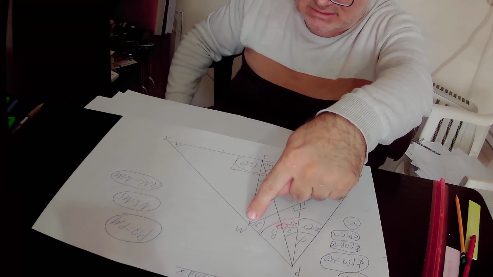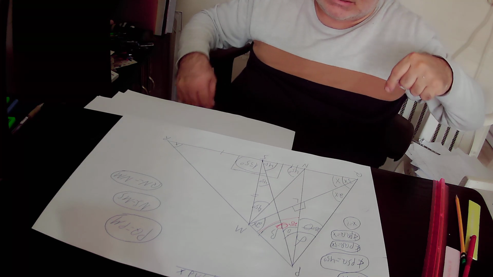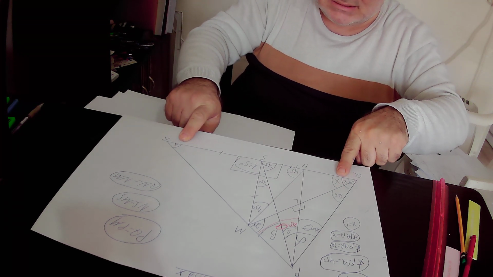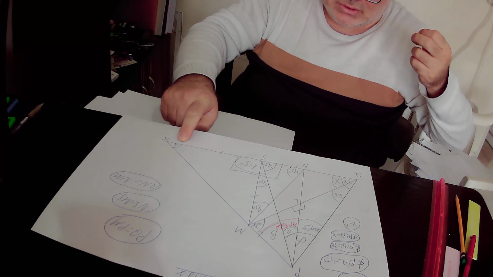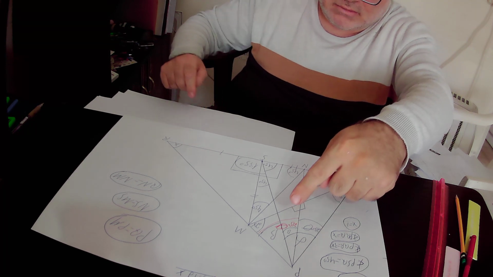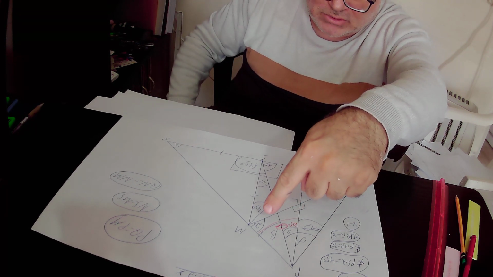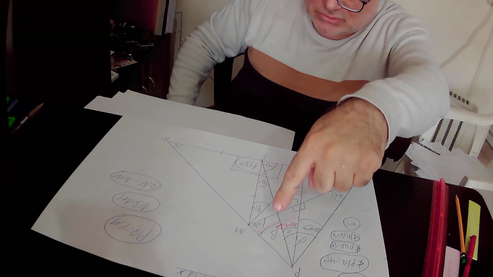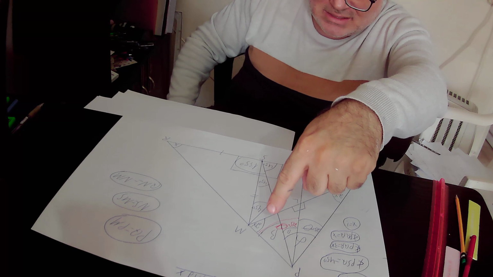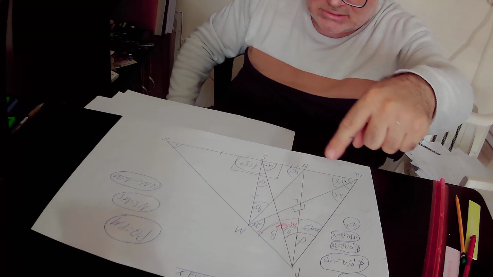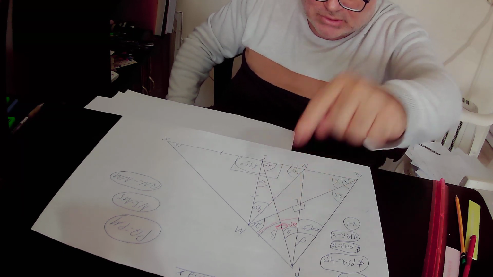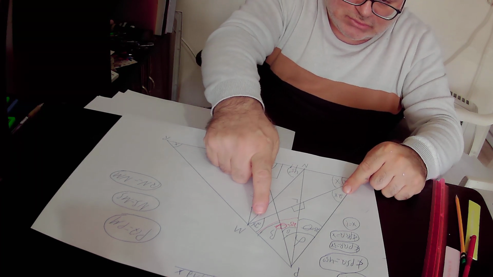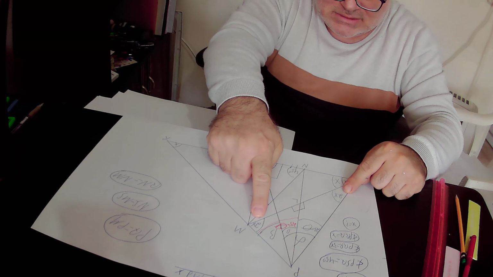This angle is adjacent to it, and the other two angles that are not adjacent to it are those two angles, and the sum of those two angles is x plus x. So angle PMQ equals 2x, and this angle also equals 2x.